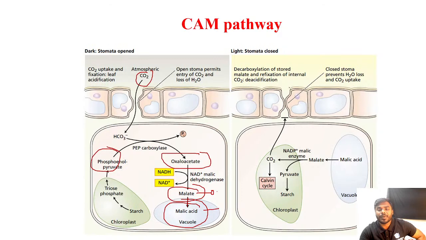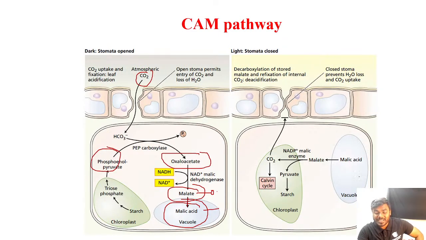Now listen. During the daytime, what happened? Stomata is closed. If the stomata is closed during the daytime, carbon never enters inside. But the point is very clear. Plant has to survive. Without food, they can't survive. Now see what they are doing. They have stored the malic acid during the night time.